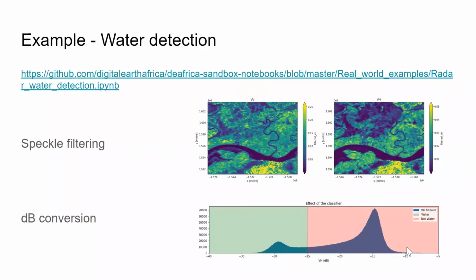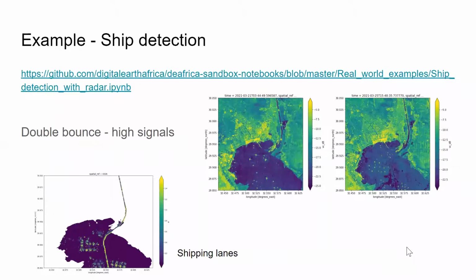And then we also have a ship detection notebook that was the result of one of the ODC hack events. In this example, if you look at these images, all these bright spots are cargo ships, and the reason is this is the Suez Canal.